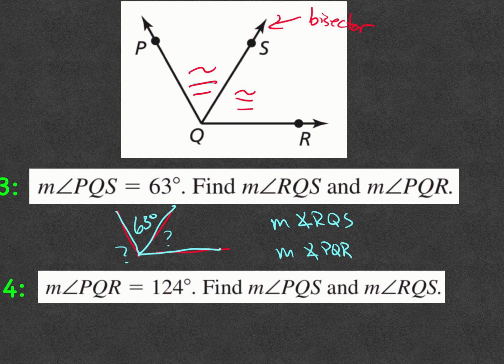All right, the first one, measure of angle RQS. That's this small one right here, right? If we said this side is 63, what's RQS got to be? 63, because we said that each one's congruent, right? Because they were cut in half. So angle RQS is just 63 degrees then. So with that being said, how do I find what the large one is?